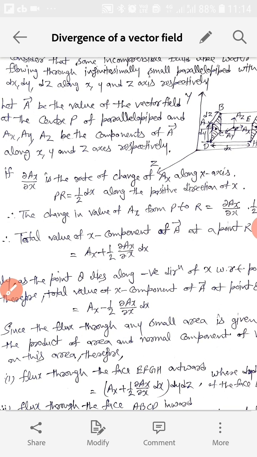Now since the flux through any small area is given by the product of area and the normal component of the vector on this area, this we already discussed in our earlier lectures.